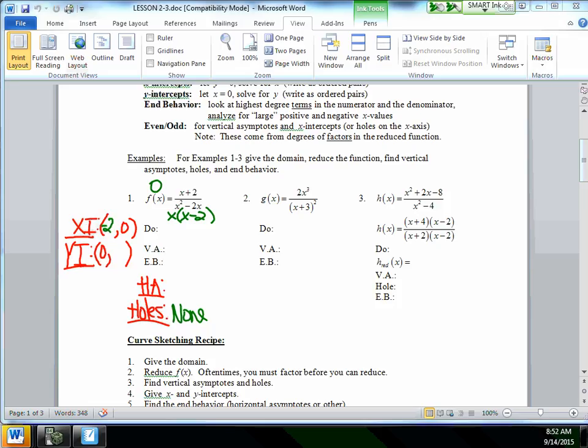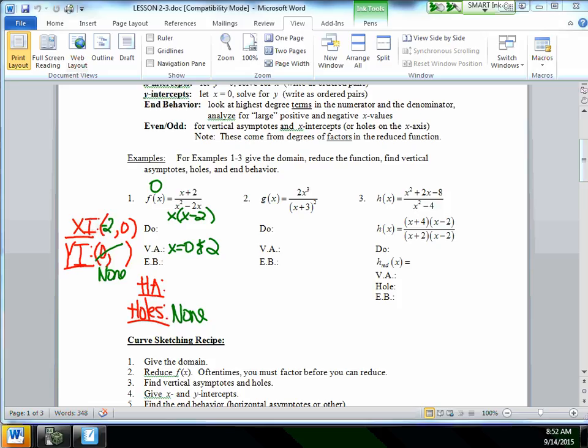Well, I know x can't be 0 because that is the vertical asymptote, and I have two values down there. So I have two of them, 0 and 2. So I ended up having no y-intercepts because x could not be 0.